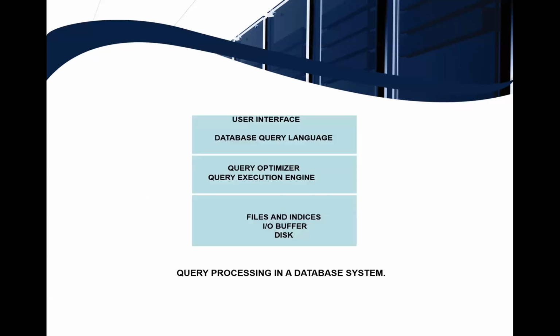And also, basically, how is a query processed in a database system? You can see the number one point, the user interface, right? This is the user interface where we use a command prompt or SQL, Oracle, and write the queries in that. Okay. So then the database query language, we all know relational algebra, relational database, right?